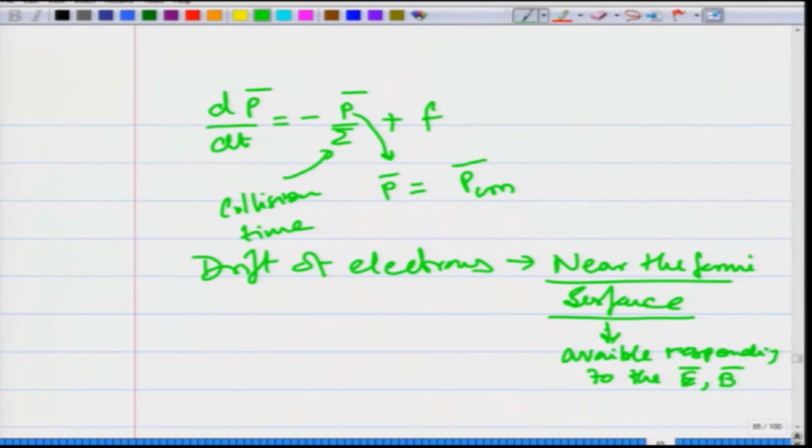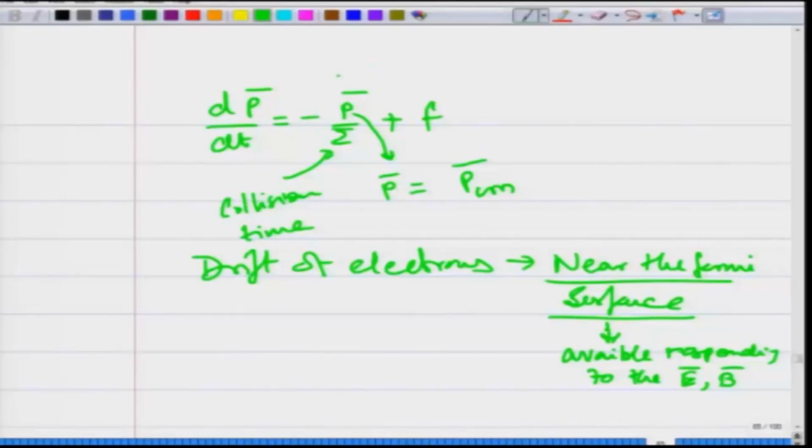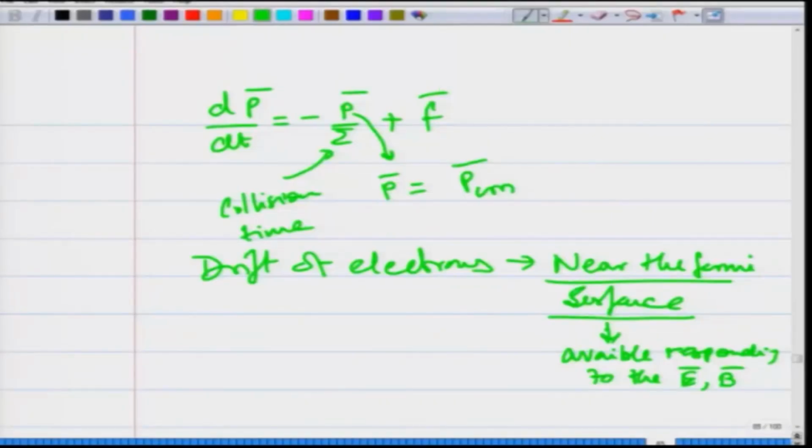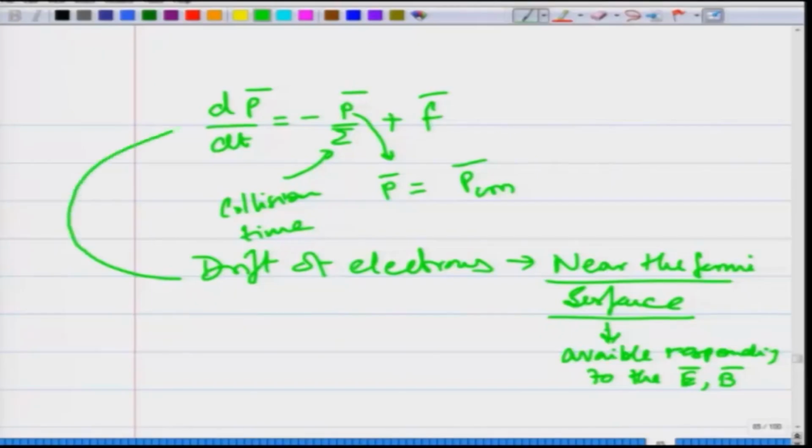Only the electrons which are near the Fermi surface are the ones which can respond to the drive or the force, because there are available momentum states near it into which they can go, and the moment this happens, the center of mass momentum changes, and the change in the center of mass momentum is counteracted by scattering, which tries to restore the momentum back to its 0 center of mass position, and finally the system achieves some sort of an equilibrium drift velocity, and that drift velocity is calculated by this equation of motion.